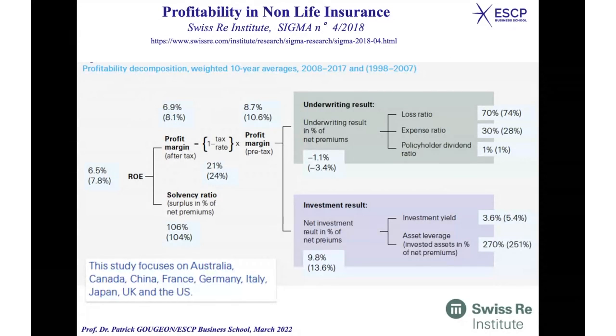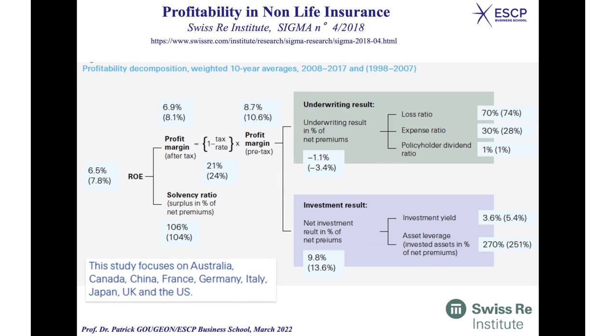So if you have less equity, you have a leverage effect. We'll see that more precisely later on, but you need to take into account the debt equity ratio to analyze the return on equity. Here we are not referring to the debt equity ratio, but to the solvency ratio, which includes the proportion of equity in the balance sheet.